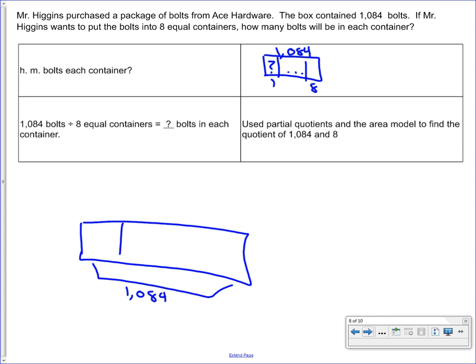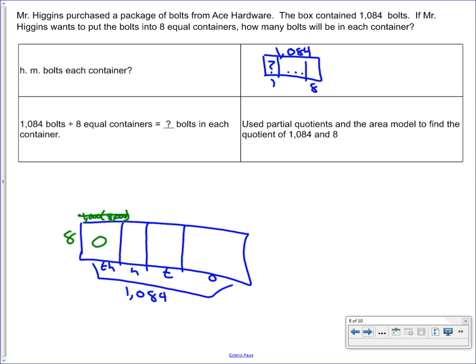Because I've got thousands, I'm going to break this up into thousands, hundreds, tens, and ones. And all this is divided by 8. So if I give each one 1,000, that would be worth 8,000. I don't have 8,000. Okay?